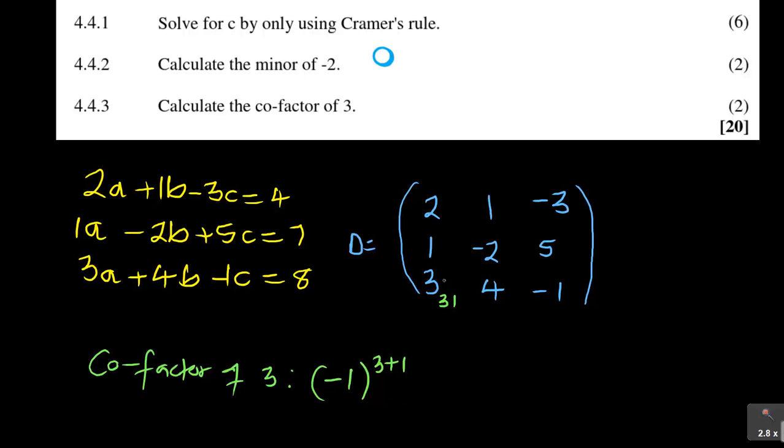And how do you find the minor of 3? Remember, this is 3, you cross that and you cross that. This is what you'll be having as the minor: 1, minus 2, minus 3 and 5.